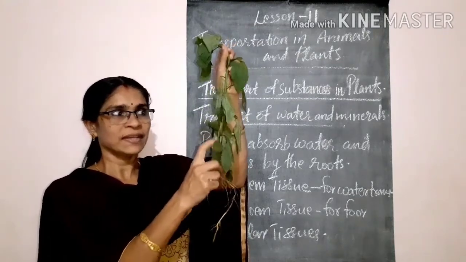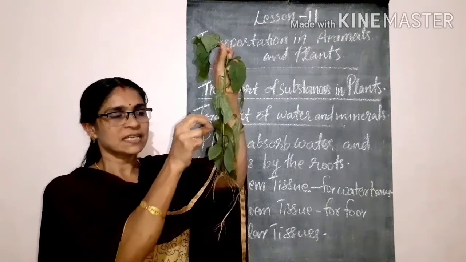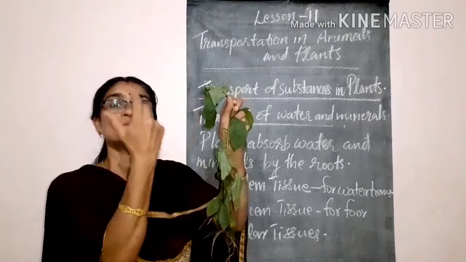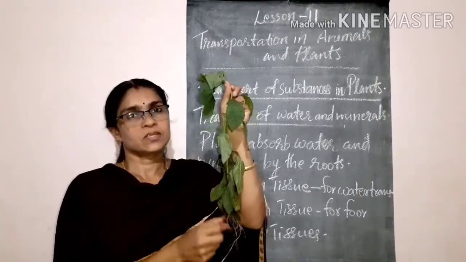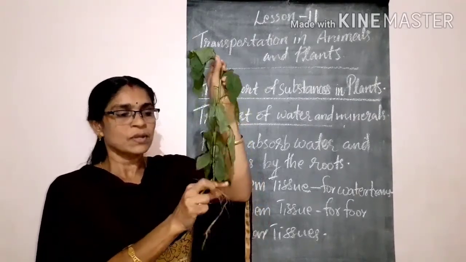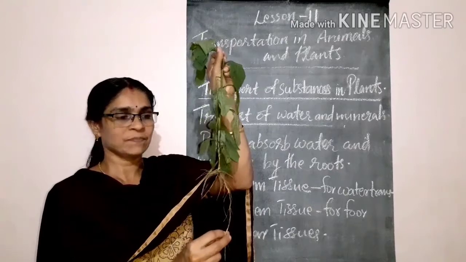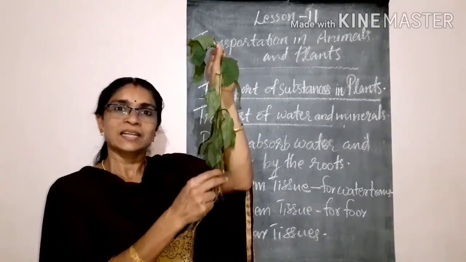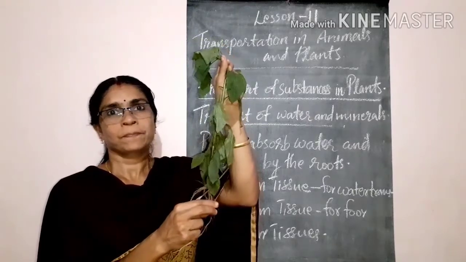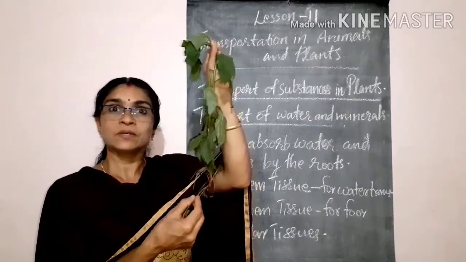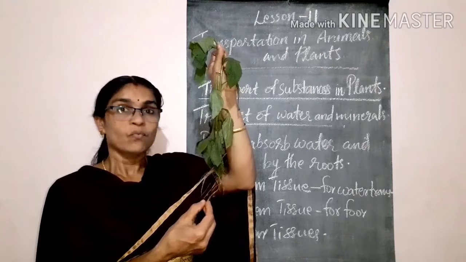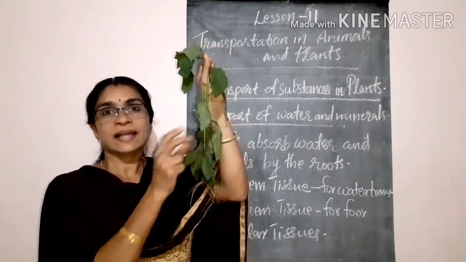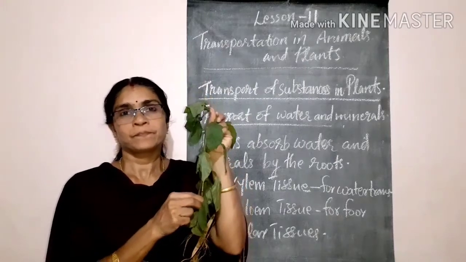Above the ground, we can see the shoot system which consists of stem, leaves, flowers, fruits, buds, etc. Under the ground, we can see the root system which consists of the main root and many secondary roots. These roots absorb water and dissolved minerals for the plant from the soil.